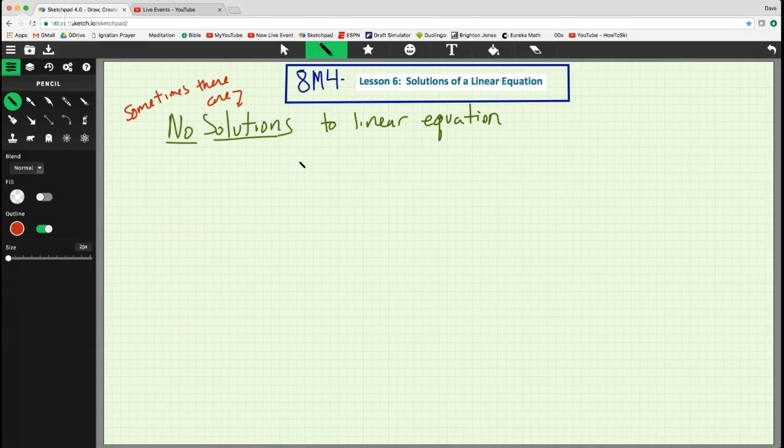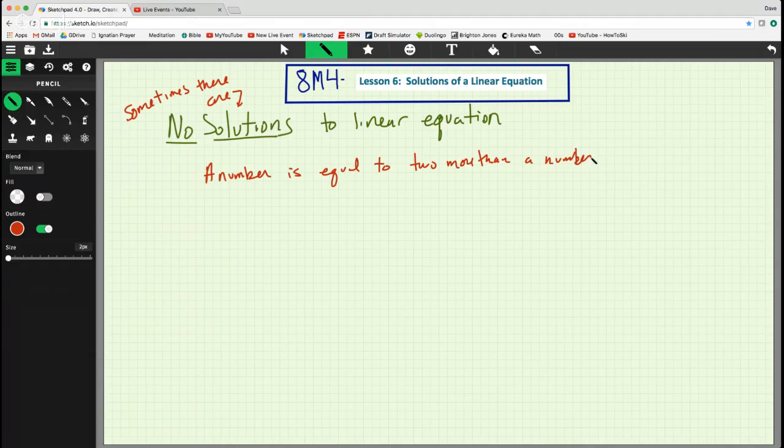So watch what happens. I'm going to write an equation or a sentence, a math sentence. And it's going to be a number is equal to two more than a number.